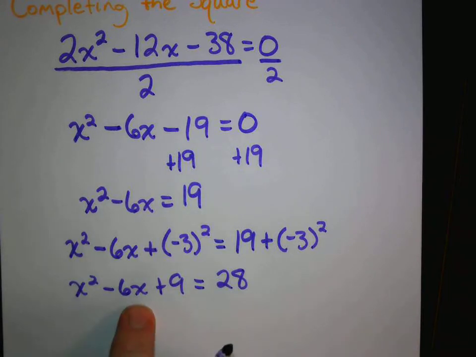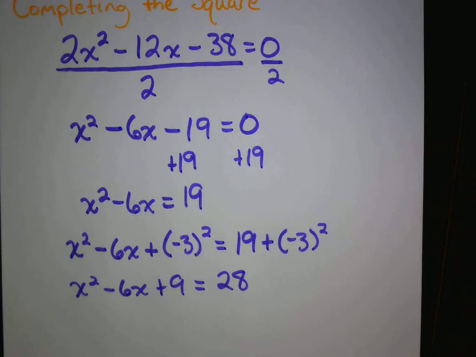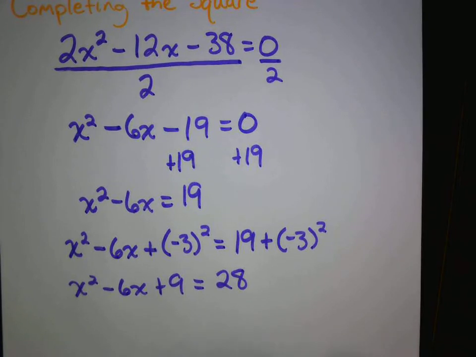Now, at this point, I'm basically going to factor just like we did in the first video. A was 1. All we had to do was say what two numbers multiply to make 9 and add up to negative 6. Well, negative 3 times negative 3 is 9, and negative 3 plus negative 3 is negative 6.